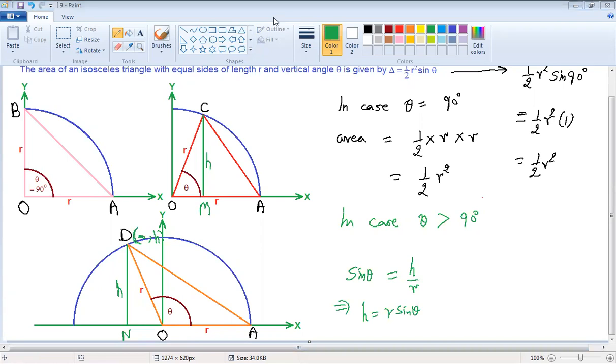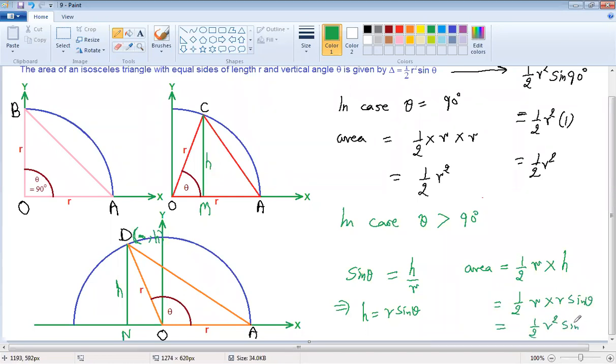So we have area is equal to half multiplied by r multiplied by h. That is half into base into height. So base is r and height is h, and h has the value r sine theta. So we have again half r square sine theta. Is it clear?